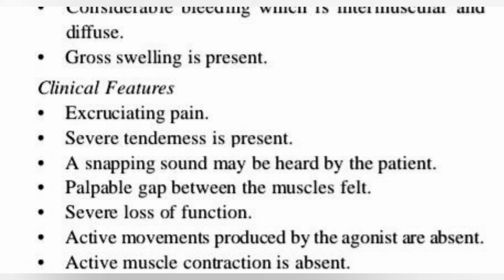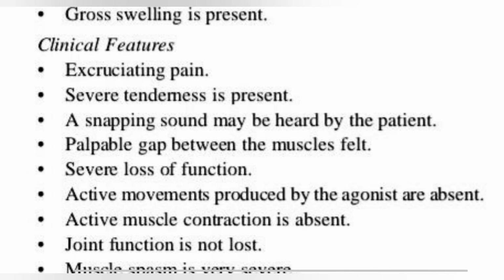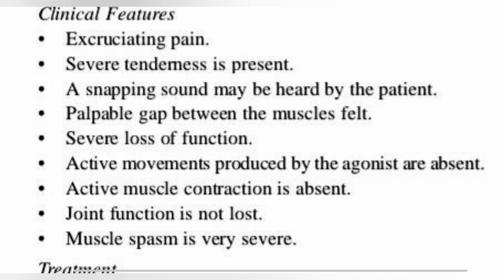Severe tenderness is present. A snapping sound may be heard by the patient. A palpable gap between the muscle may be felt. There is severe loss of function, and active movement produced by the antagonists is absent. Active muscle contraction is absent. Joint function is not lost, and the muscle spasm is very severe.